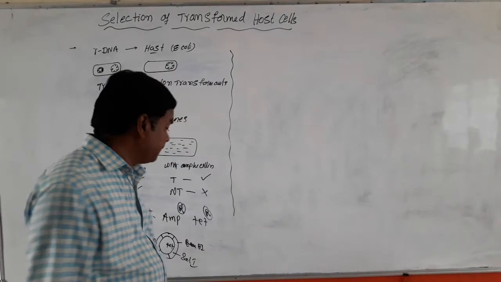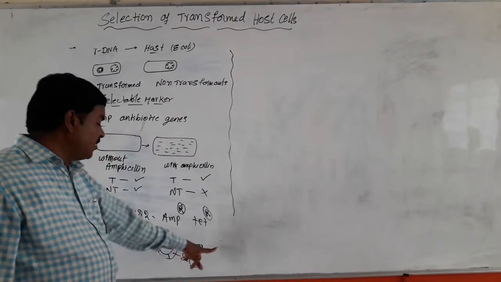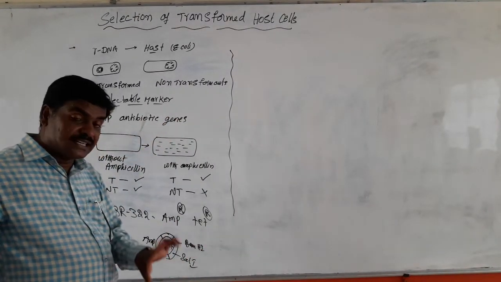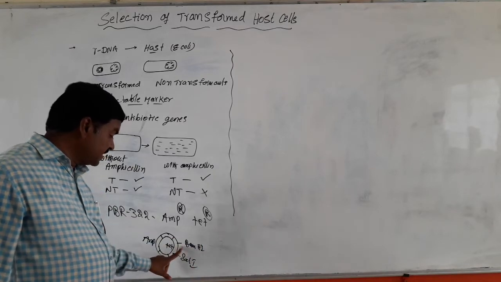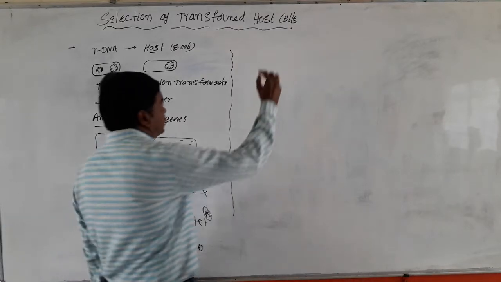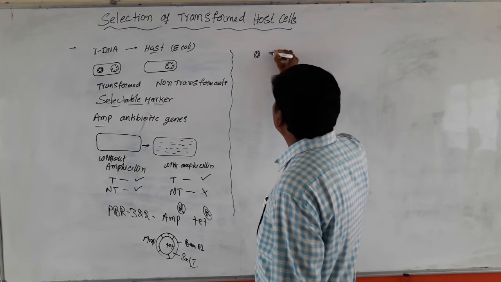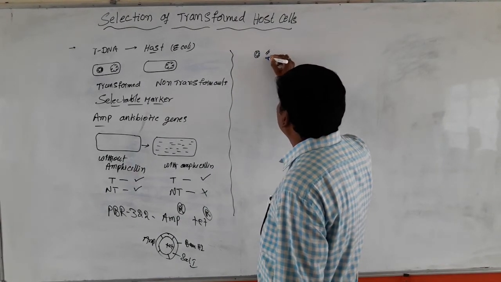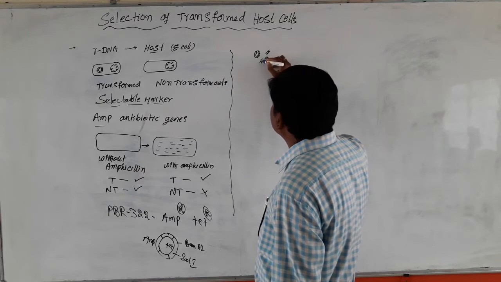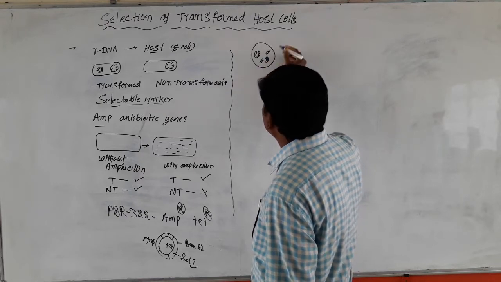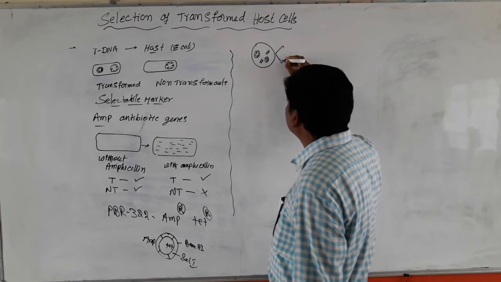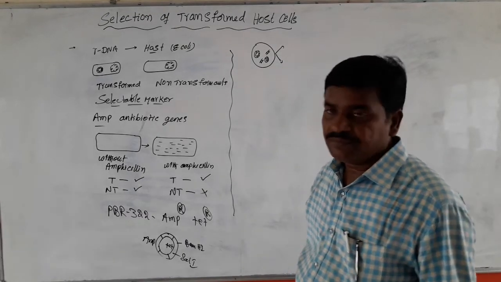To insert this gene of interest in the tetracycline gene, first plasmids and desired genes are incubated, leading to the formation of two types of plasmids.